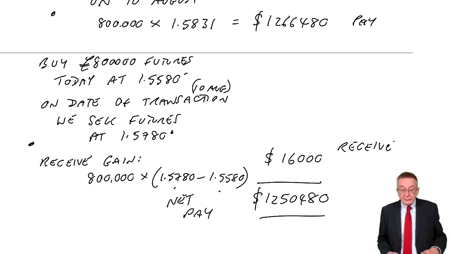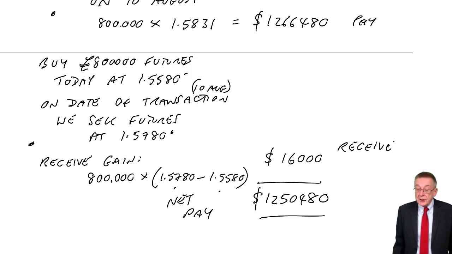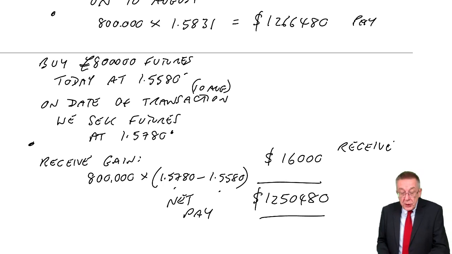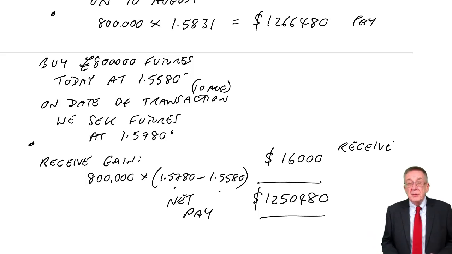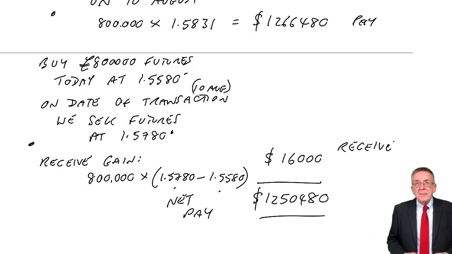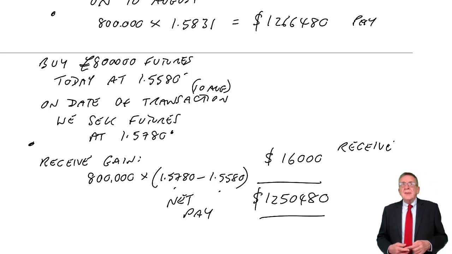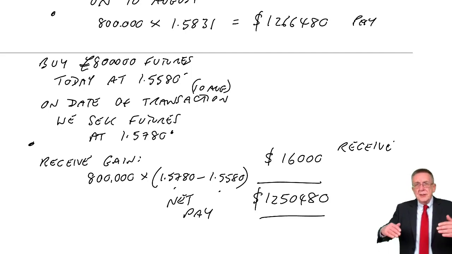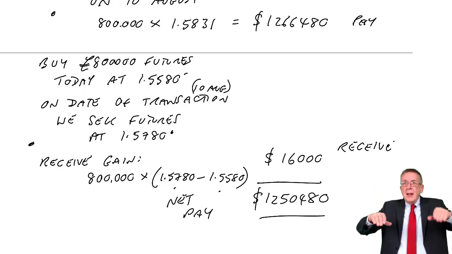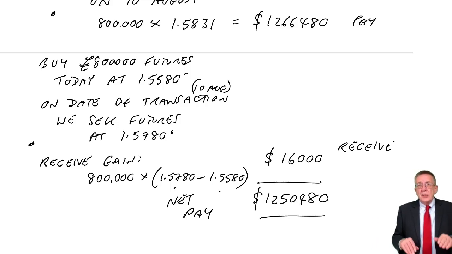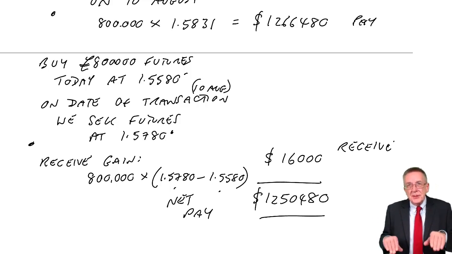The other problem is that for this example, because it was just meant to be a simple illustration, we assumed that spot and futures prices would both change by the same amount, here 0.02. Well, in real life, it's a very efficient market, futures. And so futures prices do go up and down as spot goes up and down, but they don't go up and down by exactly the same amount.